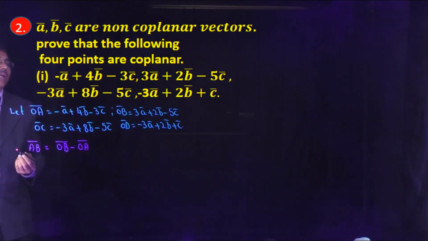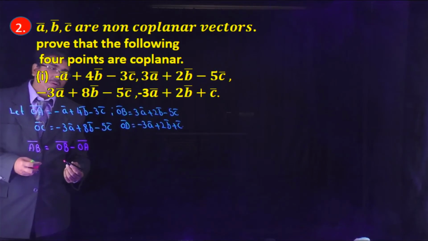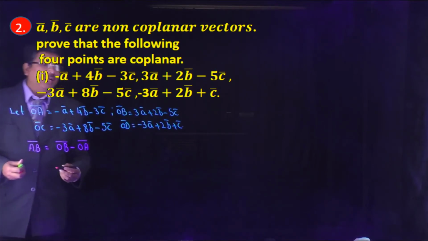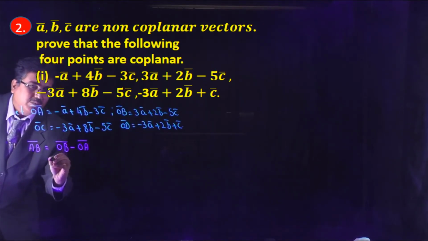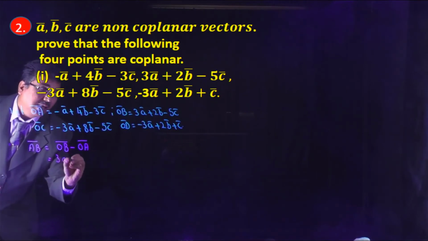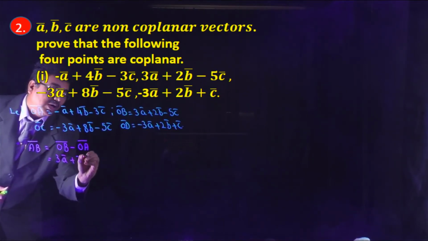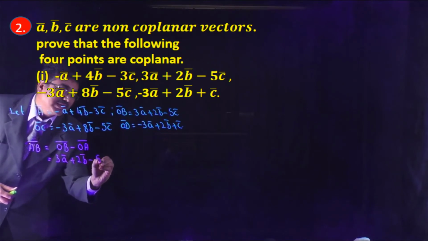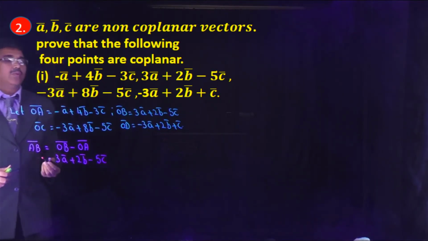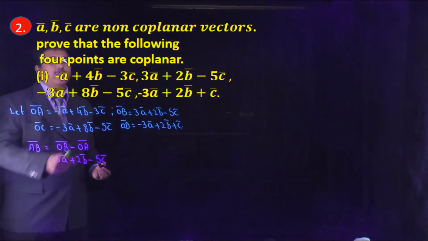Position vector of B minus position vector of A, that is equal to 3a bar plus 2b bar minus 5c bar, that is OB bar minus OA bar.